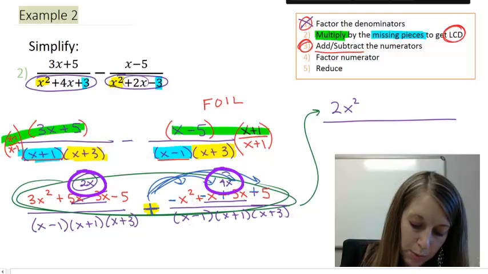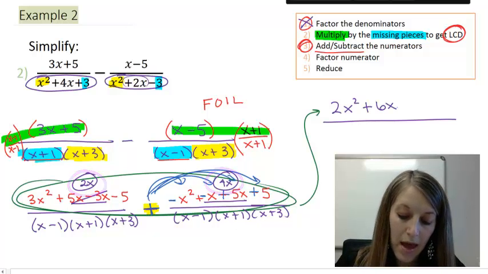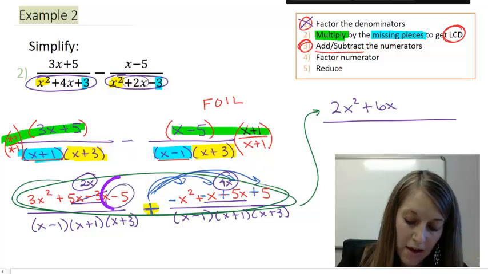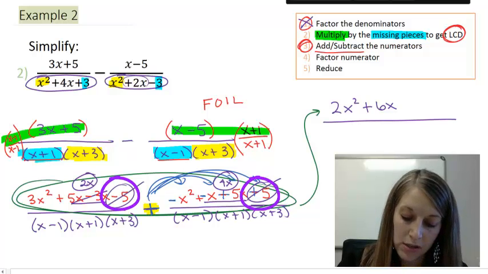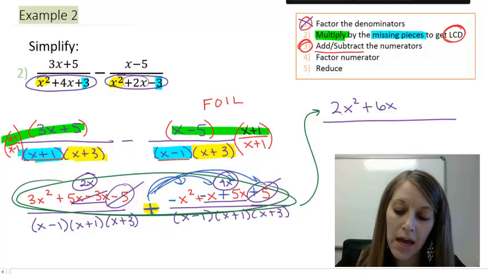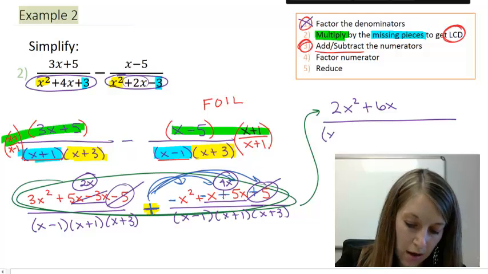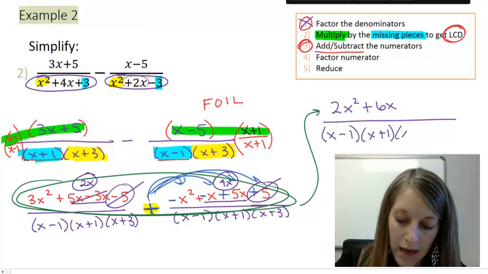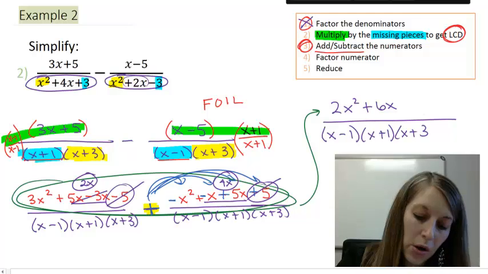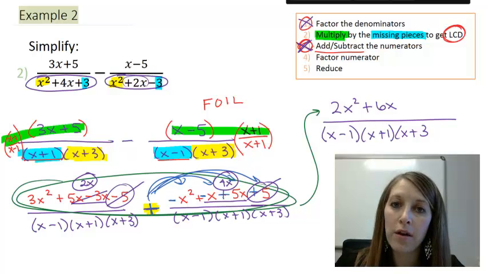So 2x plus 4x gives me a 6x. And my negative 5 and my positive 5 actually cancel out. So when I add or subtract my numerators, I get this here, 2x squared plus 6x, and that is all over my least common denominator of x minus 1, x plus 1, and x plus 3. So I have finished step number 3, where I now officially just have one fraction.